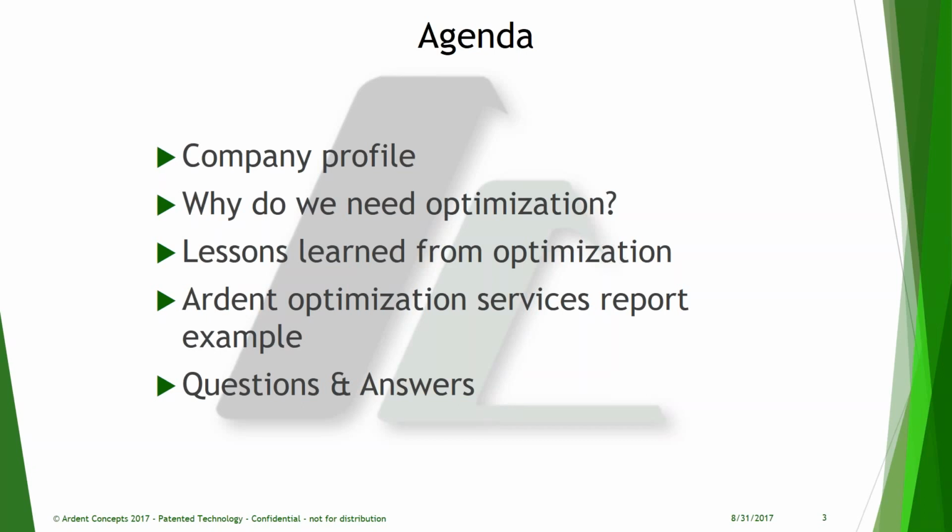Steve is going to highlight lessons learned from improper optimizations or lack of optimization altogether and the ramifications of that. We will then review our Ardent Optimization Services report example, an example optimization report that Ardent provides its customers to ensure our products integrate seamlessly in your high-speed systems. And at the end, we'll have a brief question and answer session where we'll take some questions.